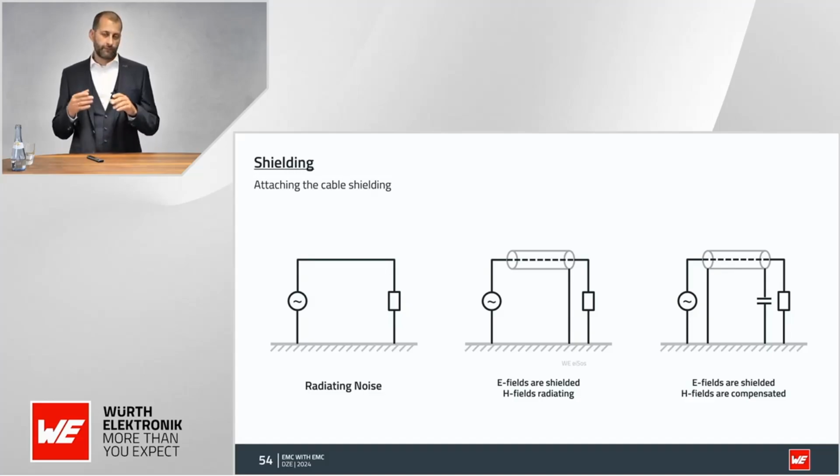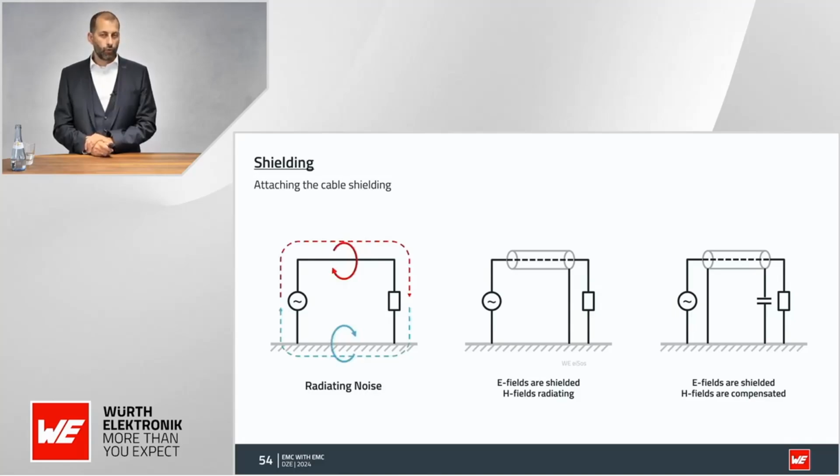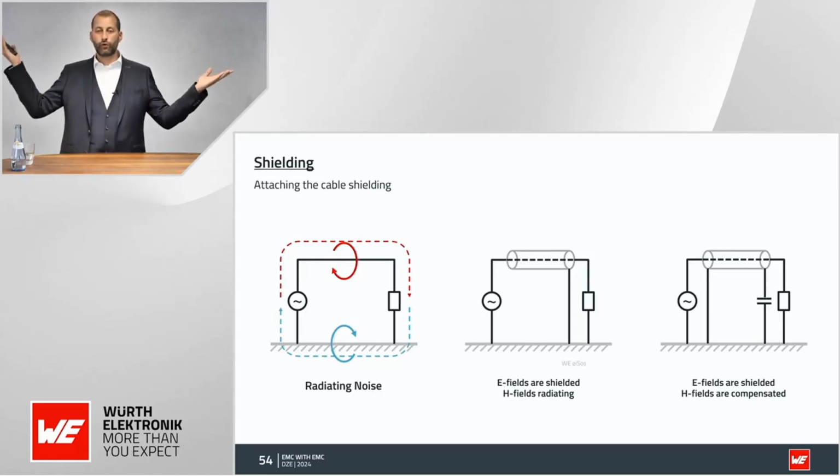And for specific applications, like in medical devices, shielding is always a really tricky question, because most often there is a law against some kind of directly connected shielding. But what we can be certain of is, if we do not attach the shielding on both sides, the generated electric field and magnetic field will radiate uncontrolled.